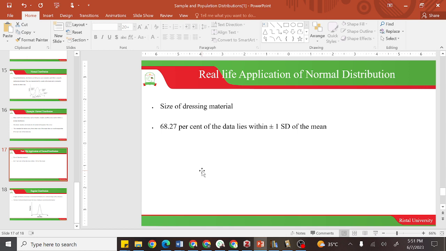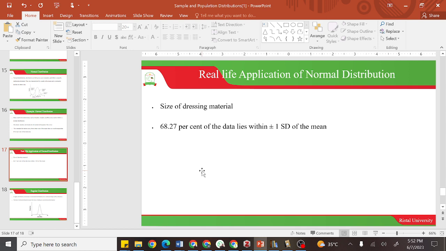We definitely have pediatric cuffs and then adult cuffs, but adult cuffs may not really apply for all adults. There are also size variations. So if you buy a particular size, for most of the people who are closer to the mean, it will work. But if you add one smaller and one larger, the positive and the negative end, you're going to be covering almost 68% of the population.